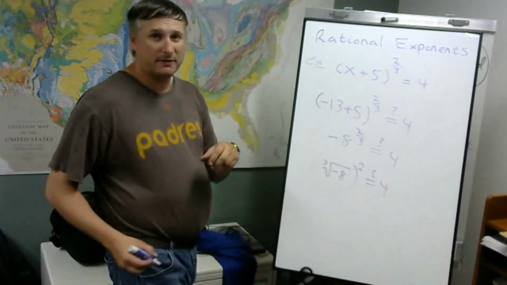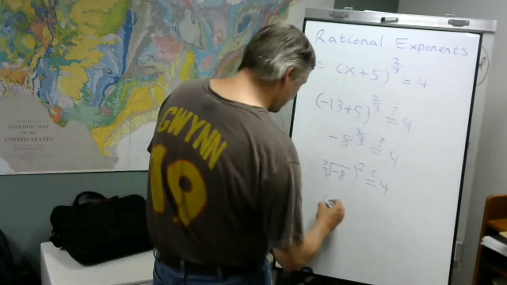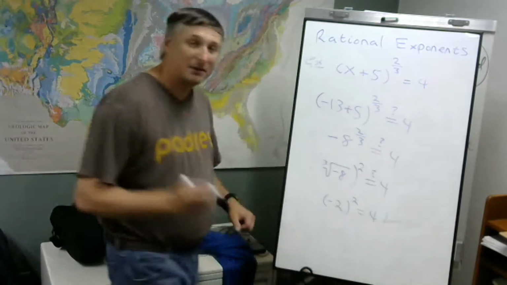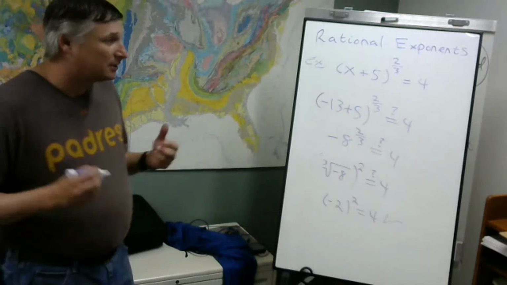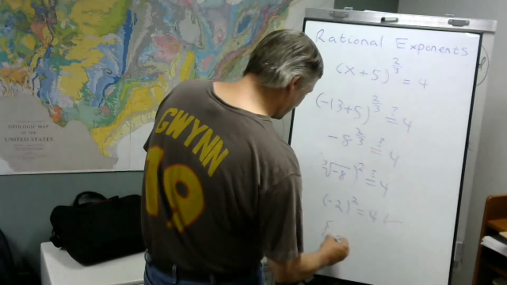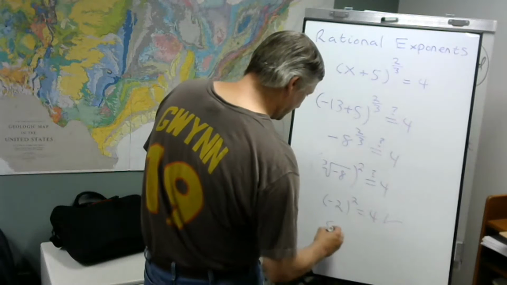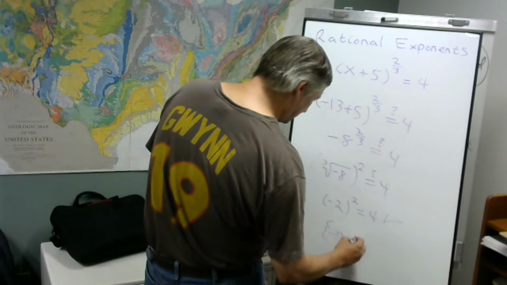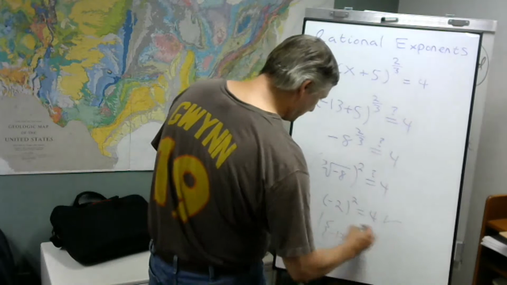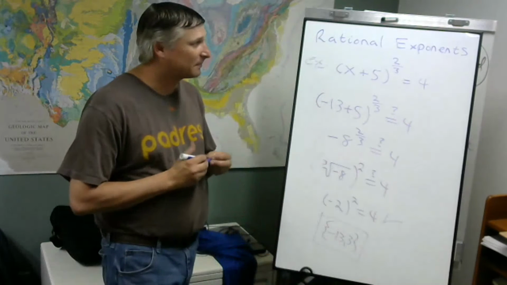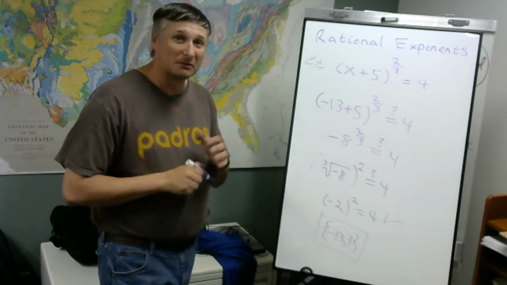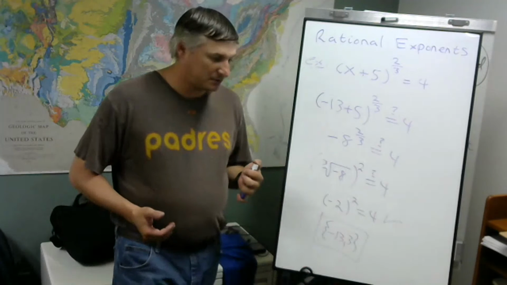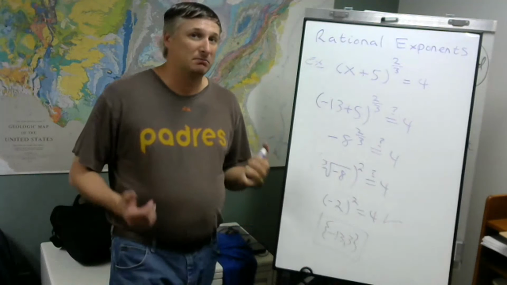Well, the cube root of negative 8 is negative 2. And sure enough, negative 2 squared does equal 4. So that means 3 and negative 13, those both work. All right. And that's pretty much it for rational exponents. And again, if any questions, let me know.